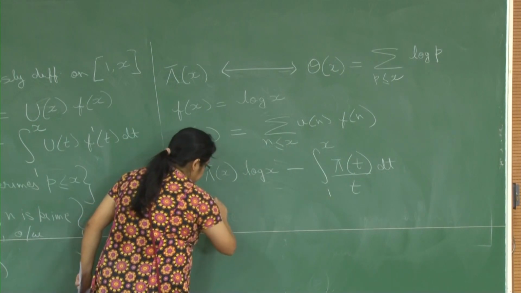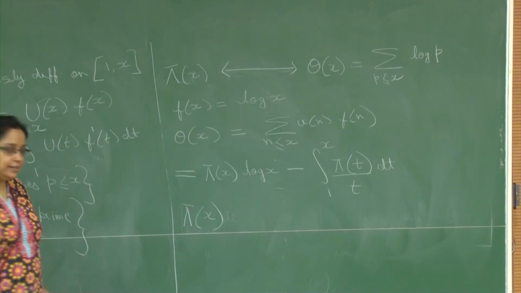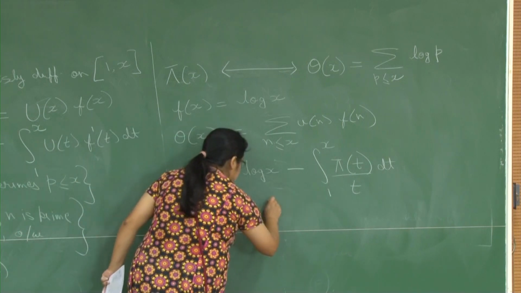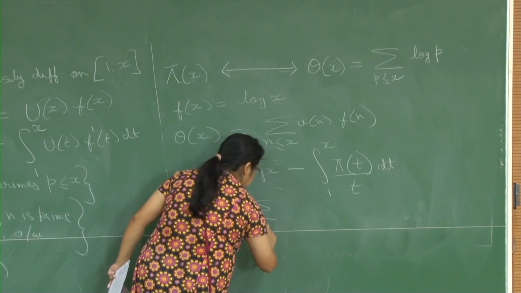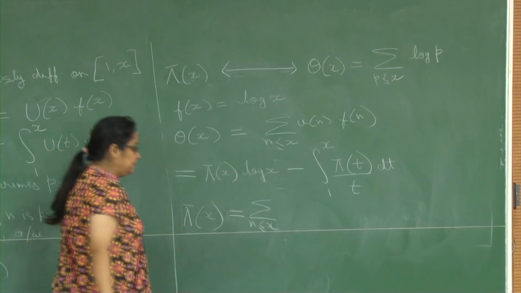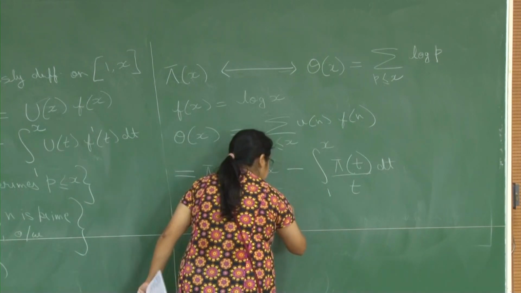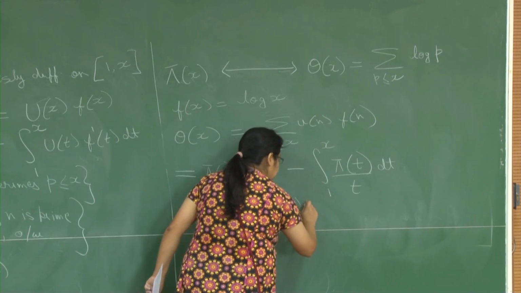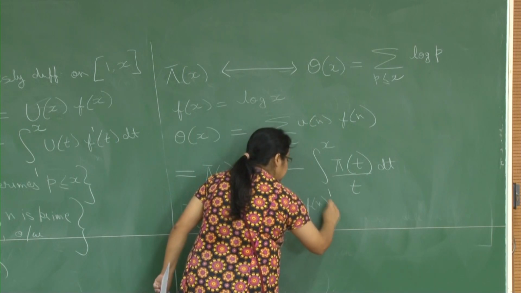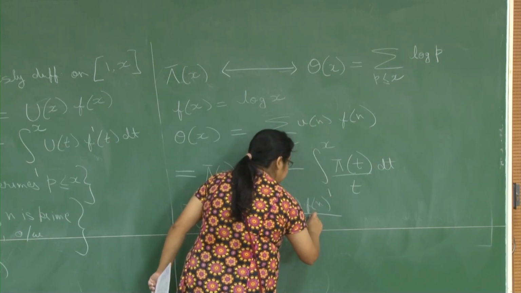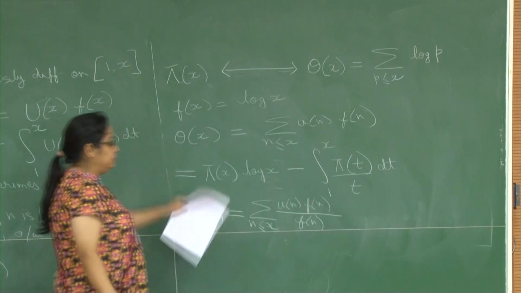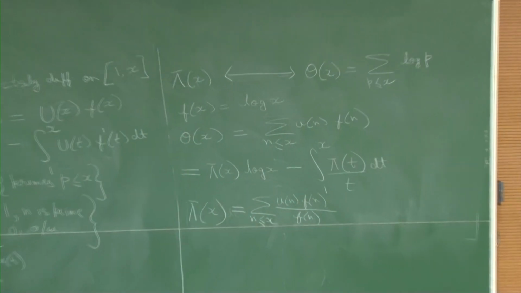Your pi of x is basically the summation over n less than or equal to x of u of n f of n over f of n, with f of n being equal to log of n.